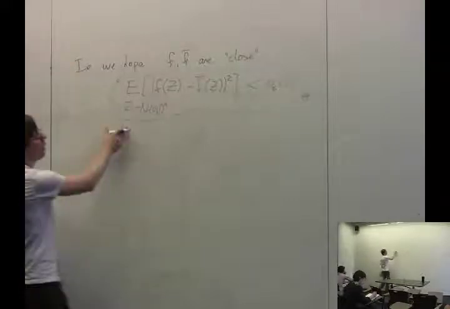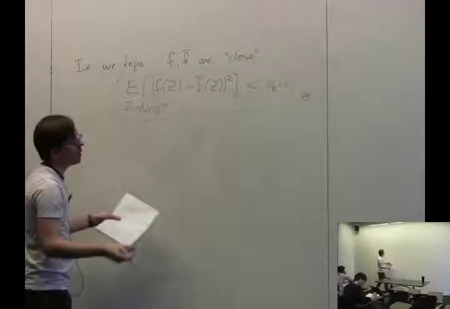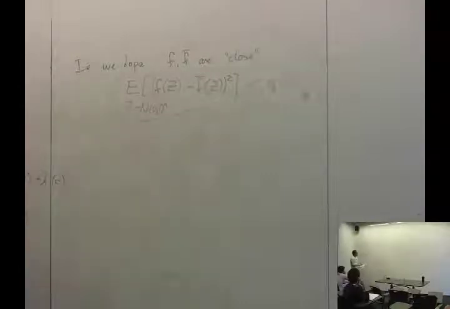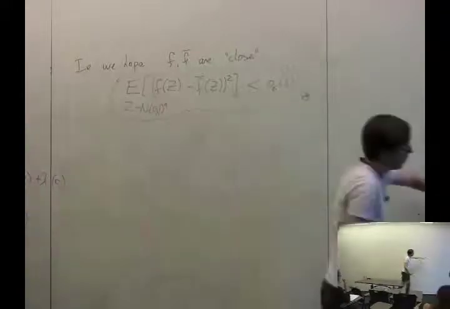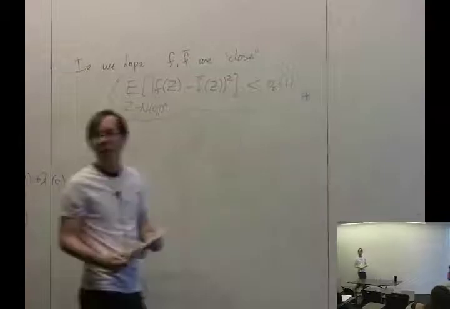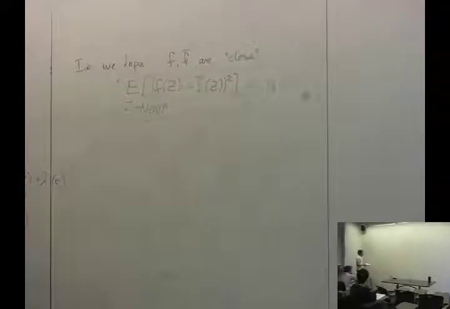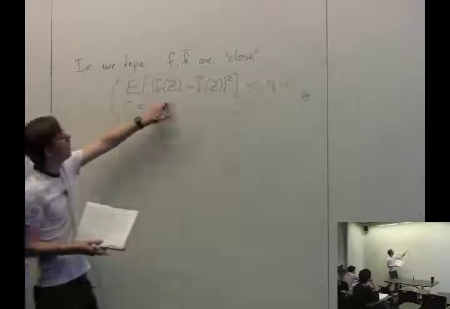And why does that make us happy? Suppose we manage to show that if you take this low-influence Boolean function, you extend it multilinearly to all of R of n, and then you just make f bar, which truncates it to minus 1, 1, that's close under Gaussian to the original f.